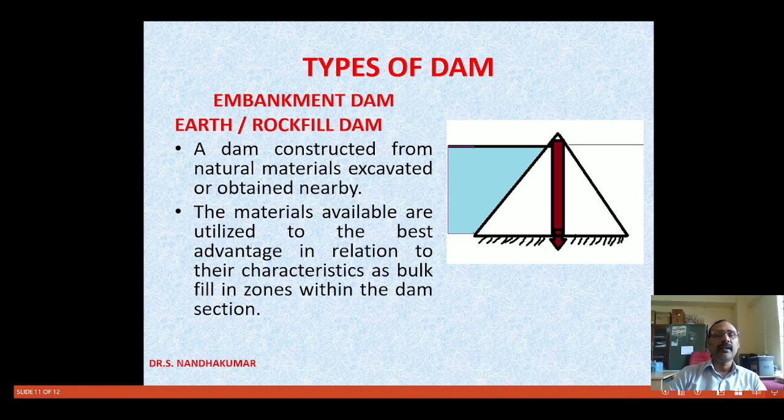Using the materials available in a particular area, we construct the dam. If we construct it using soil, we call it an earth dam. If we predominantly use rock structures, we call it a rock fill dam.